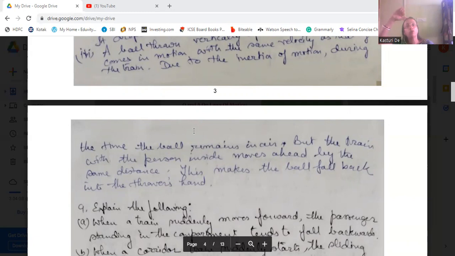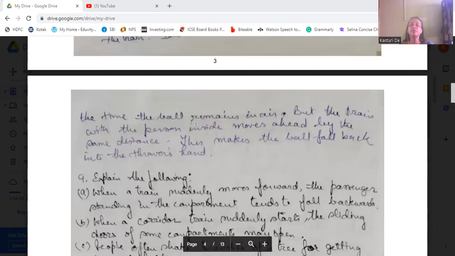So the ball will also be in a state of motion. The person sitting in the moving train will also be in a state of motion with the same velocity as that of the train. This makes the ball fall into the hand of the person who has thrown it. Clear? Am I clear now?